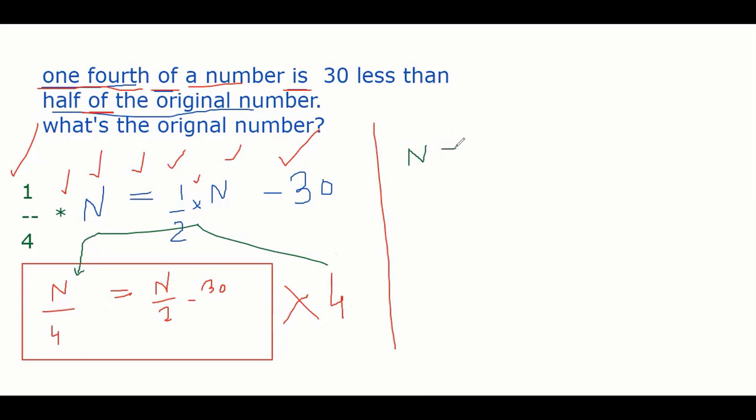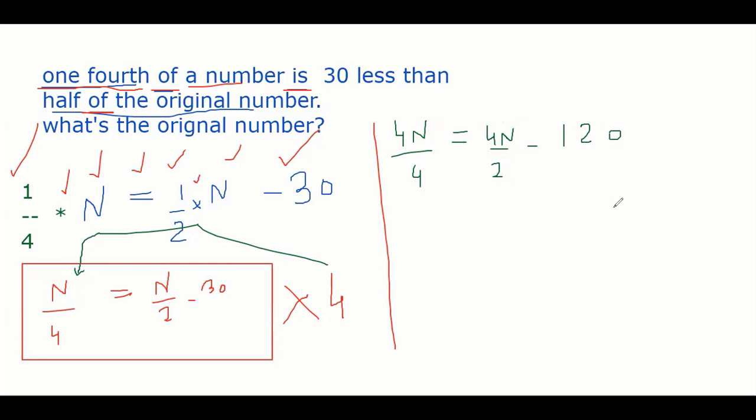So n equals, or let me write 4n by 4. We'll cancel later. Equals 4n by 2, right? Yes, sir. You multiply everything with 4. Minus, so what is 30 into 4? It is 120. Correct. Any doubt till now?